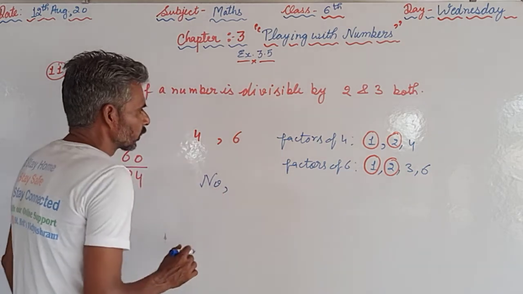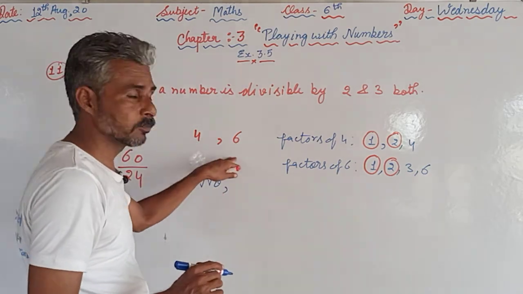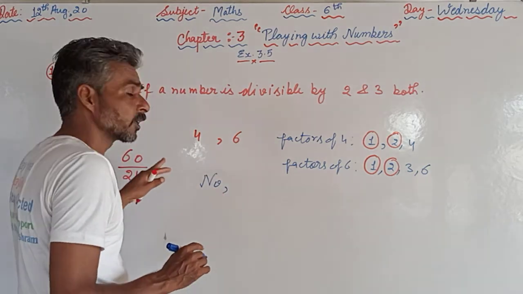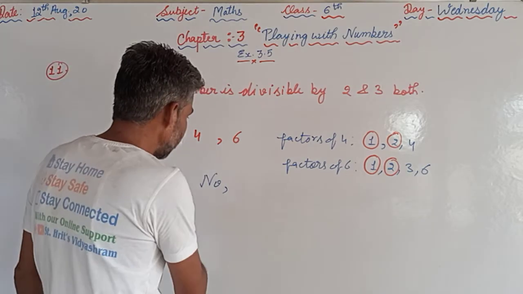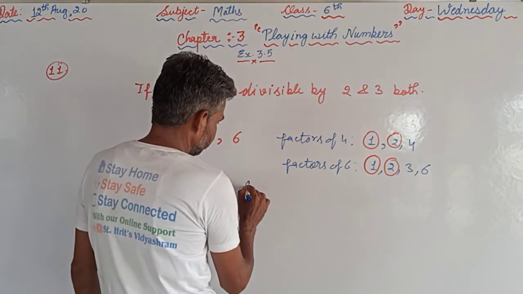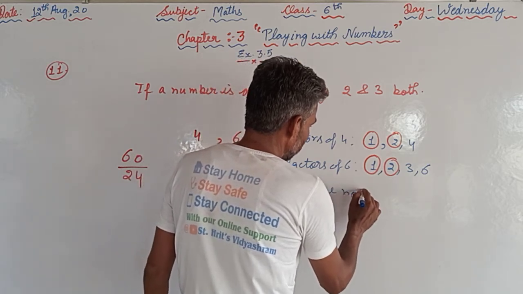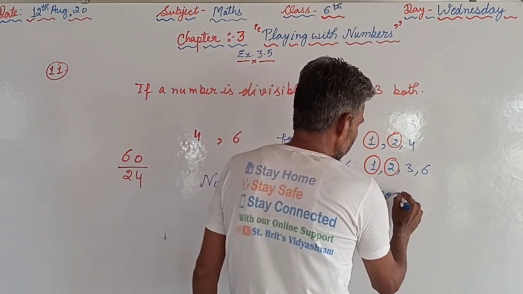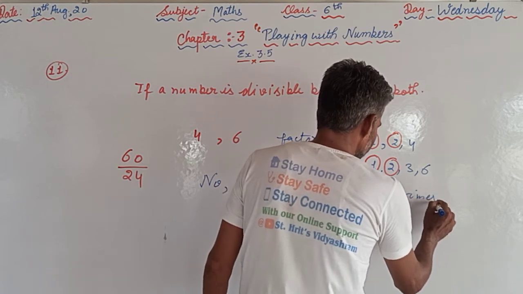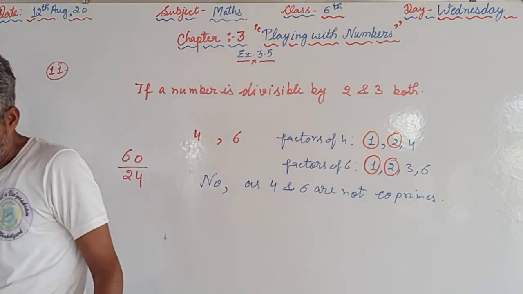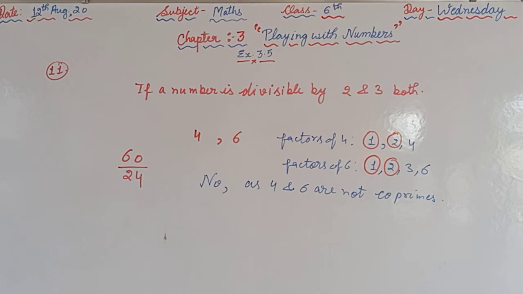The answer will be no. Any number which is divisible by 4 and 6 both will not necessarily be divisible by 24. That is not sure. Why? Because 4 and 6 are not co-primes. So this is the answer for question number 11.